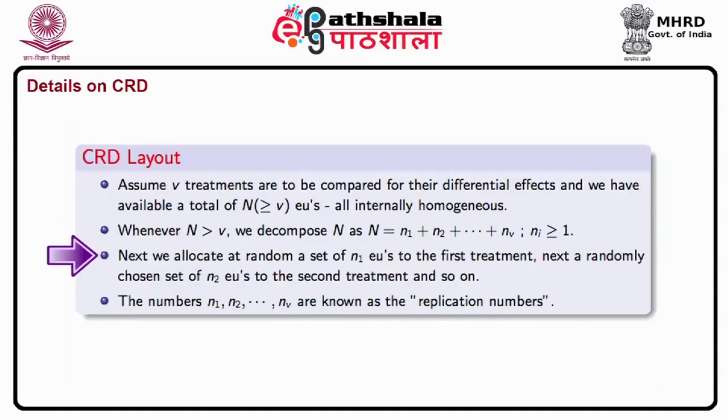Next, we allocate at random a set of n1 experimental units to the first treatment. Next, a randomly chosen set of n2 experimental units to the second treatment and so on. The numbers n1, n2, up to nv are known as the replication numbers.